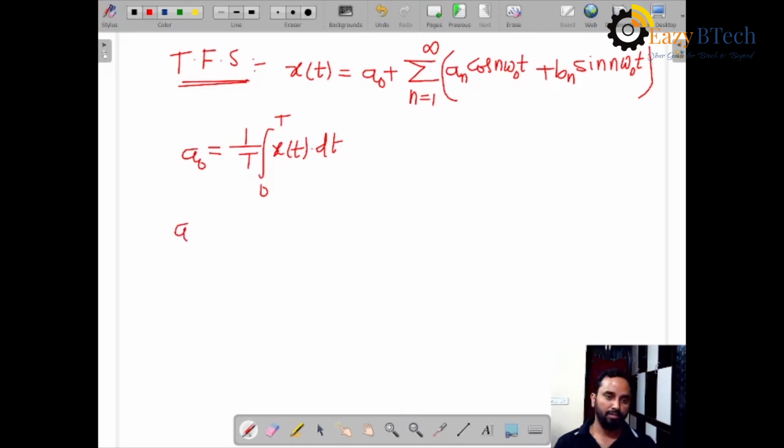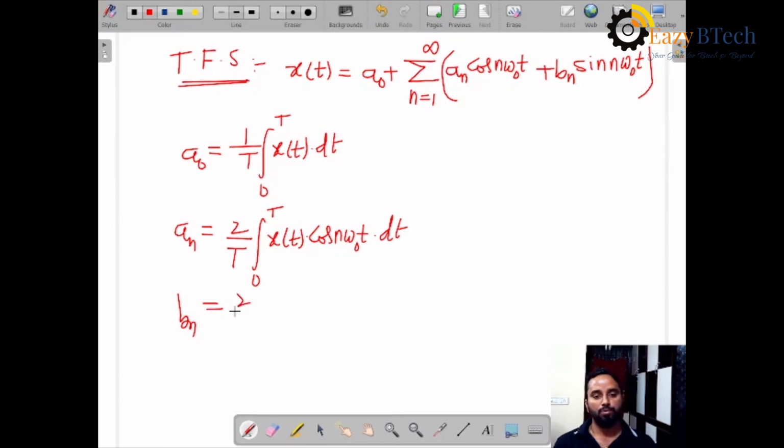And an is 2 by T integral 0 to T x of t into cos n omega naught t dt, and bn is 2 by T integral 0 to T x of t sin n omega naught t dt.